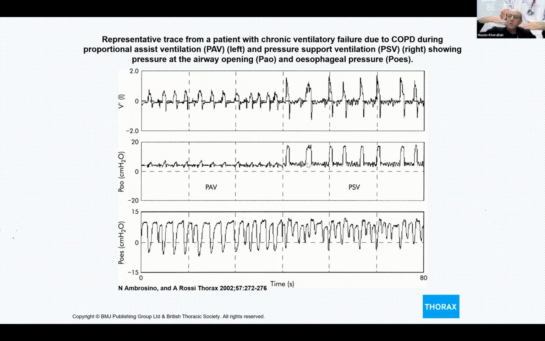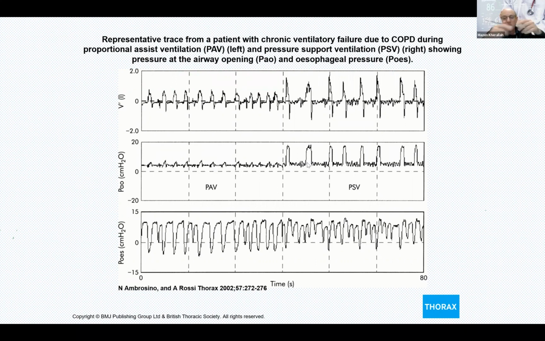The machine will change the pressure support up and down to achieve that 400 tidal volume. If the patient starts to breathe and contribute, the pressure goes down. If the patient decreases his contribution, pressure goes up. The target is always 400.